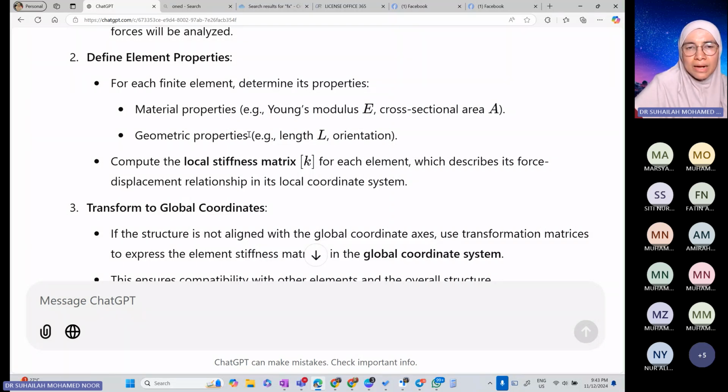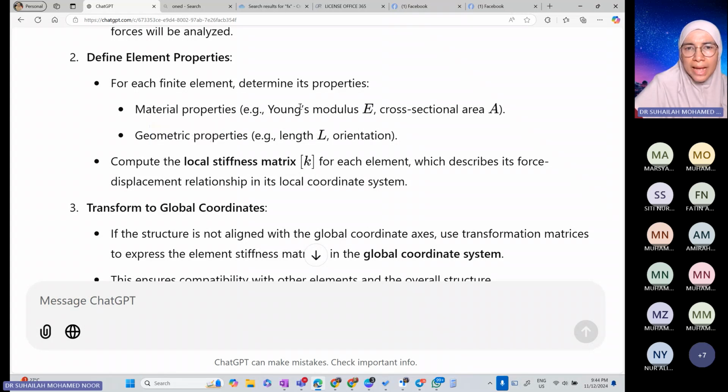Okay, properties ni come from number 1, material properties. Material properties refers to the modulus Young, and then cross-sectional area. So from the cross-sectional area also kita dapat moment of inertia. But for truss, it is A lah. Okay, and then we also need to have geometric properties.